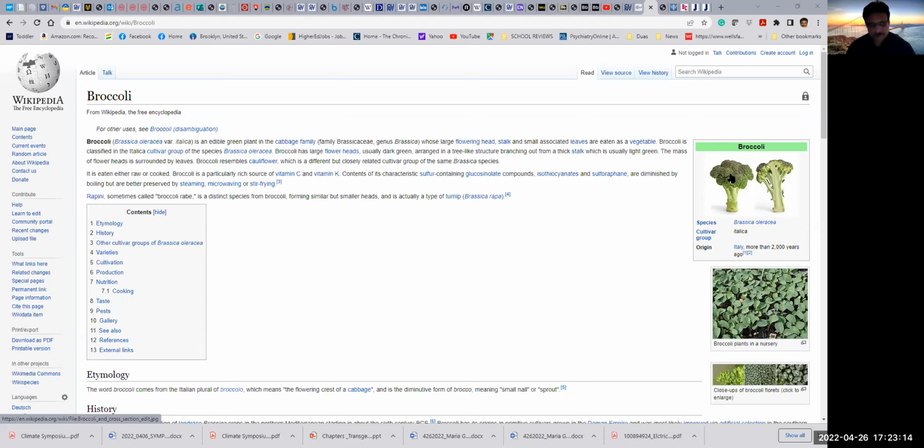in the Mediterranean area. From the Mediterranean area, it moved to Europe, and then from Europe to various parts of the world. So, the richness of broccoli in nutrients, for salad, for fiber, is an excellent source.